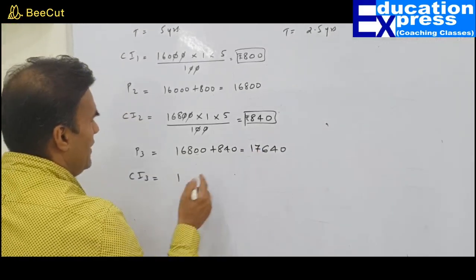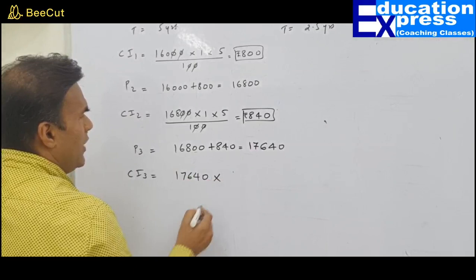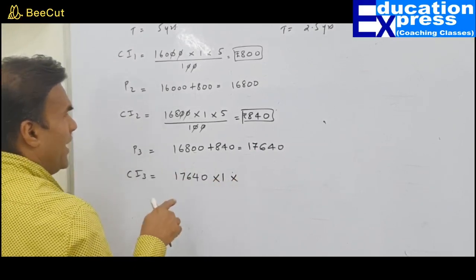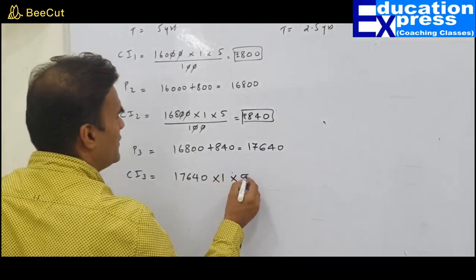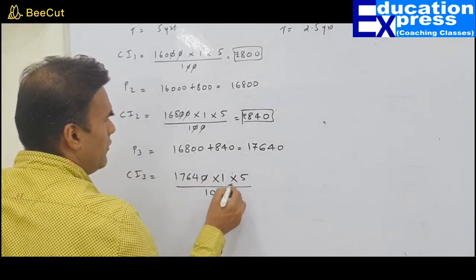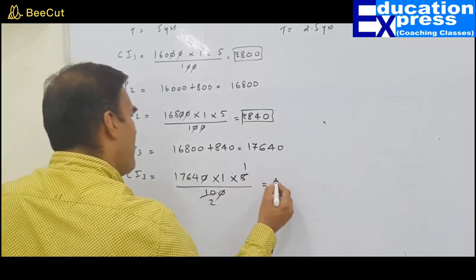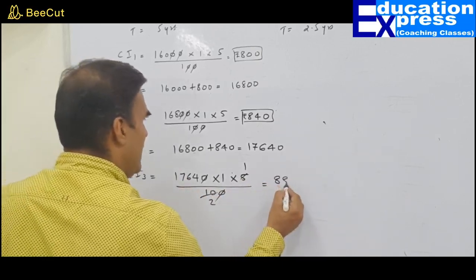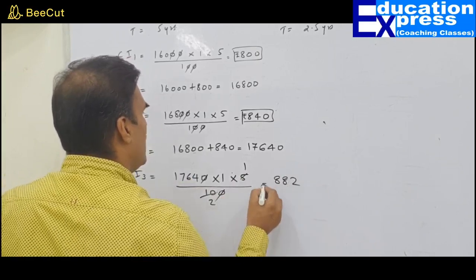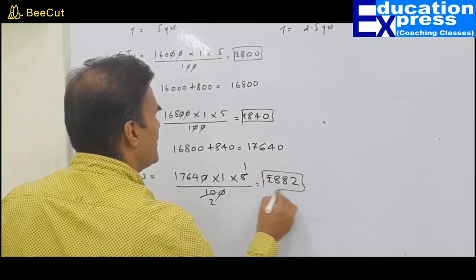How much is P3? 17,640 into 1 into rate. What is the rate? 5% upon 100. 0 cancels 0. 5 ones are 5, 5 twos are 10. So how much is that? 882 rupees is the interest amount.